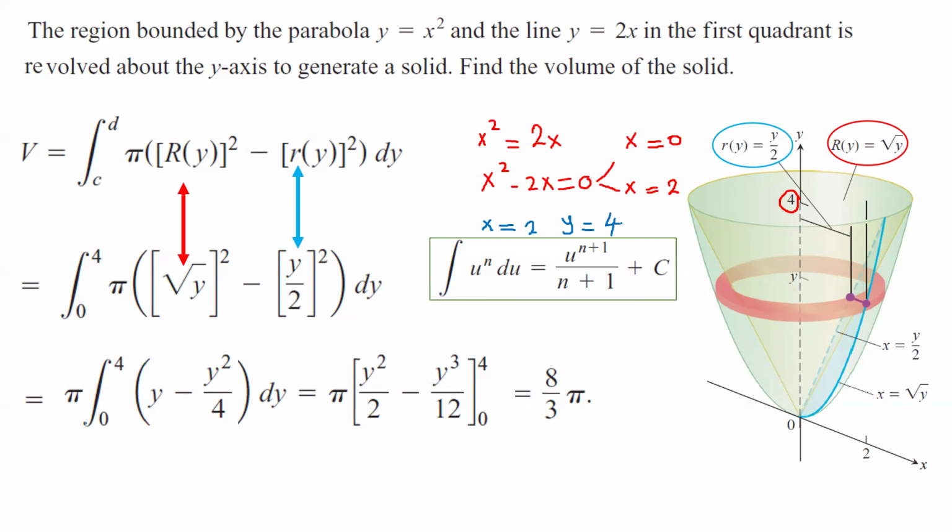Your y becomes 4. So that's how you end up with this 4 as the upper bound of your y value.